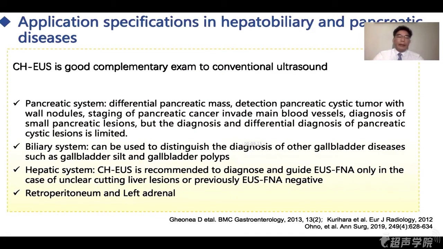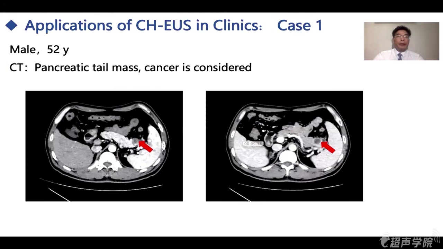In the clinic, CHEUS is a good complementary exam to conventional ultrasound. It can offer great help in the pancreatic system, biliary system, hepatic system, retroperitoneum, and left adrenal. Now we see some applications of CHEUS in clinics. Case 1.